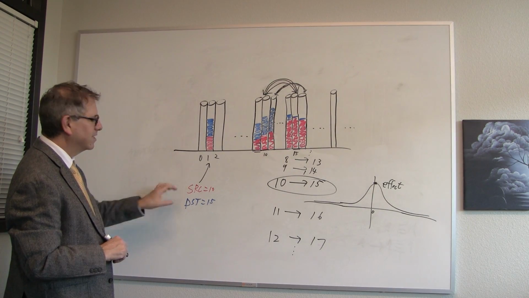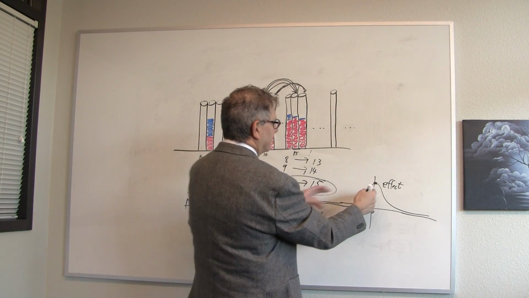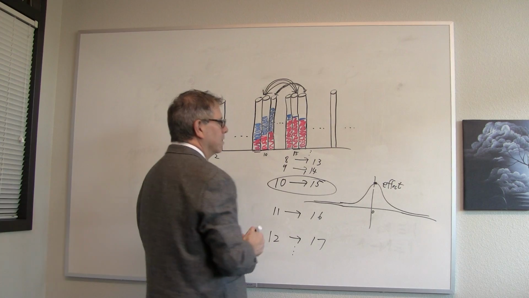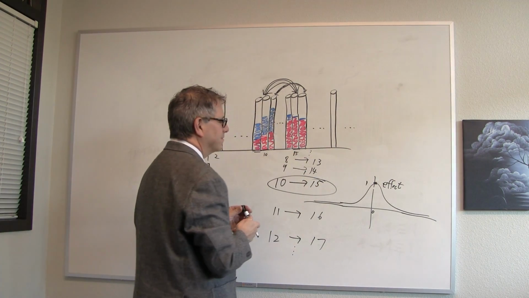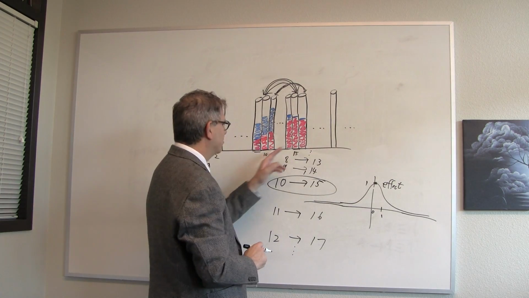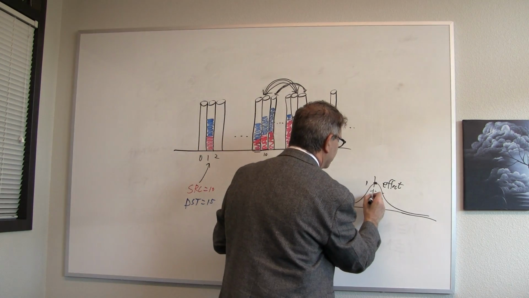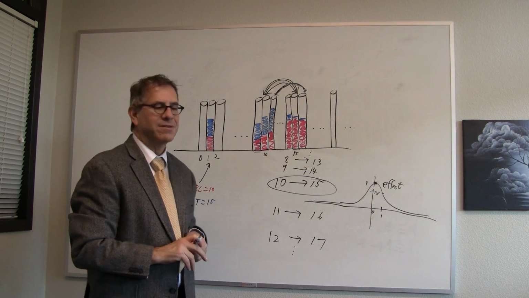So if we have a 10-15 instruction here, this says we're going to have a tube of diameter 1 connecting tubes 10 and 15. But over here at a distance of 1, which would be tubes 11-16 and tubes 9-14, we might have a tube of diameter 0.7.